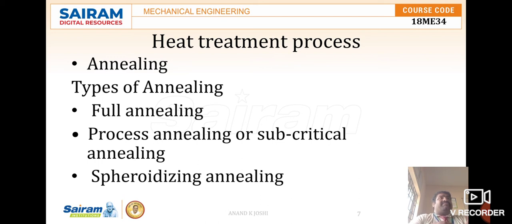So this heating of the metal to high temperature allows the diffusion process to occur fast. Once it is cooled from that high temperature to low temperature, it is enough to allow the desired phase transformation to occur.